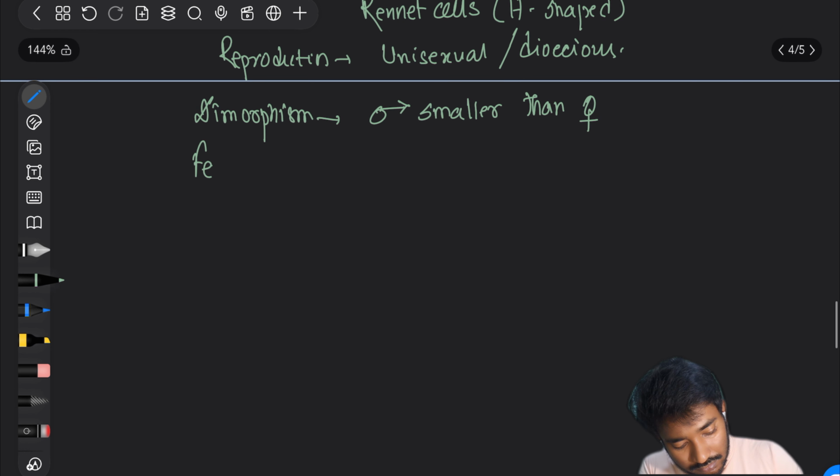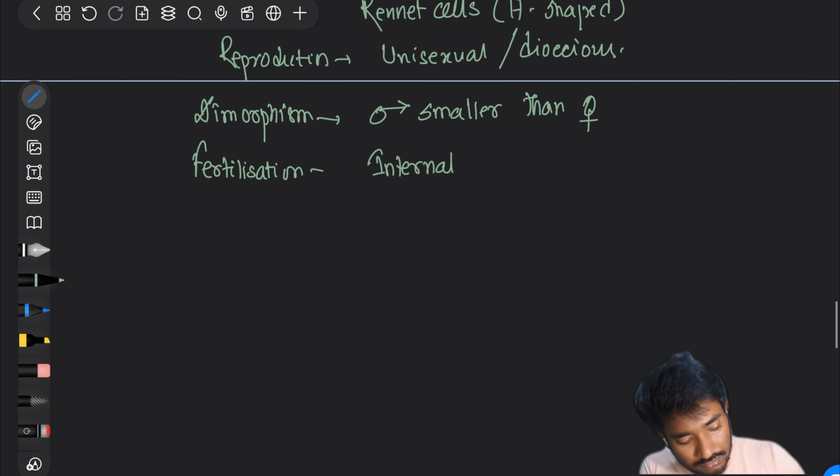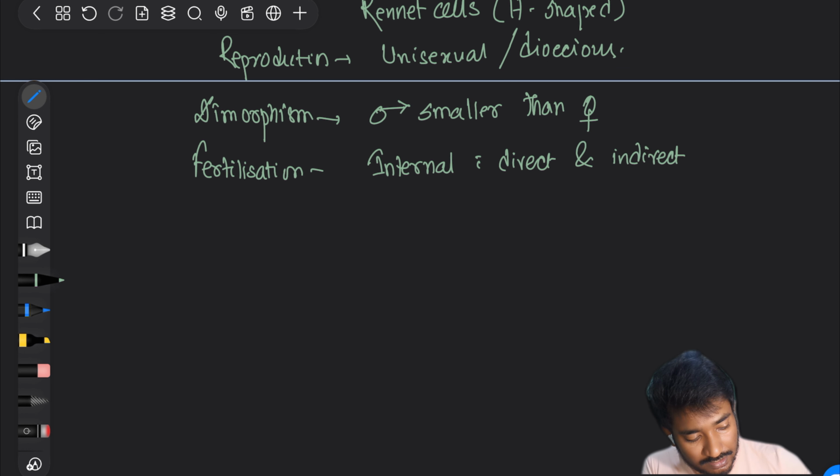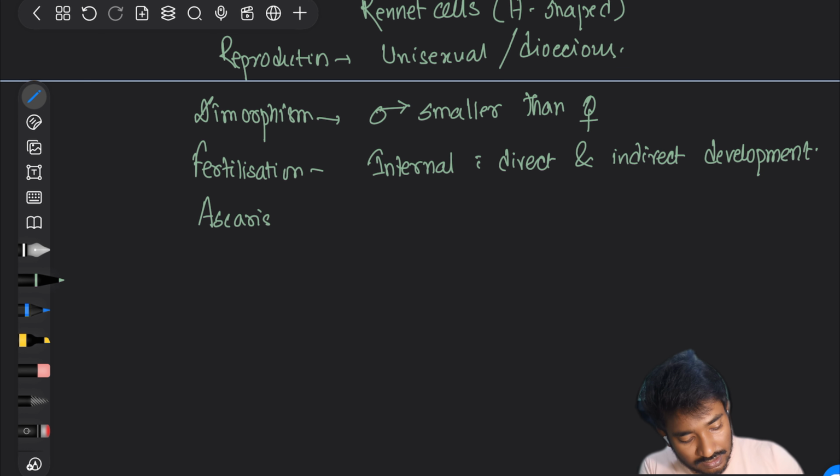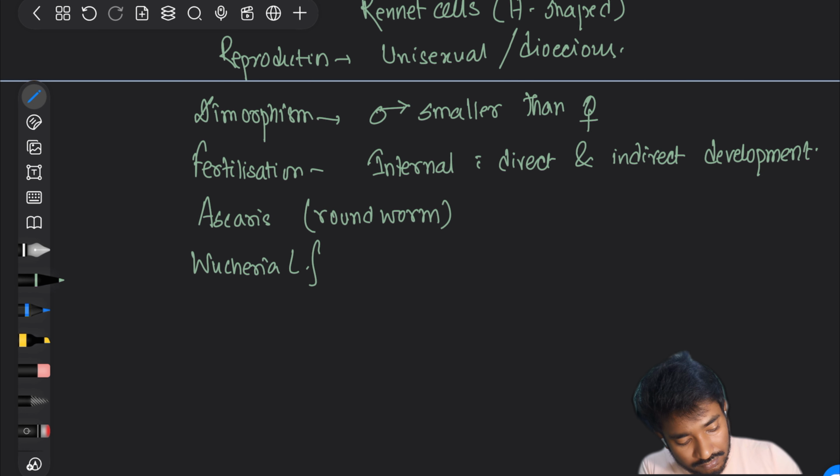Fertilization: internal, with direct and indirect development. Ascaris is a roundworm, and Wuchereria is a filarial worm.